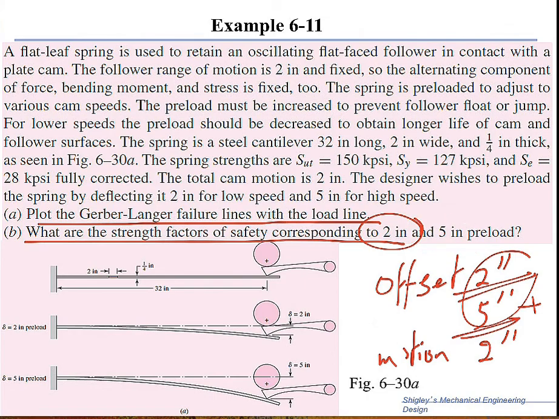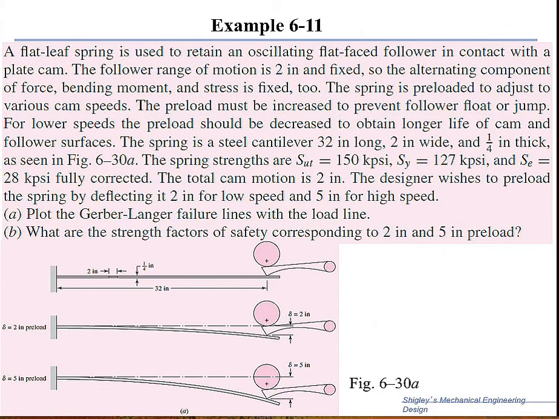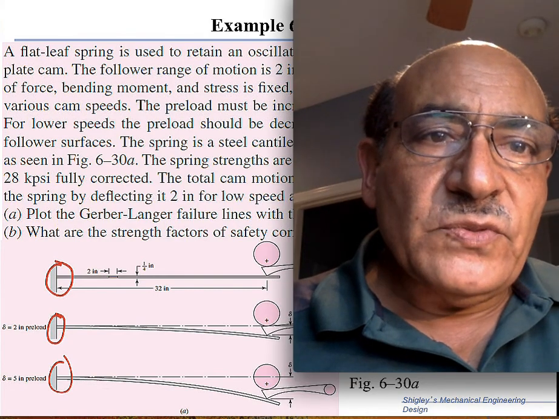So in this situation, let's start by finding the relationship between deflection and stress. First, I want to find the deflection. What does it mean in terms of stress? The stress is going to be a bending type stress, and we know the deflection, and we want to find the stress.